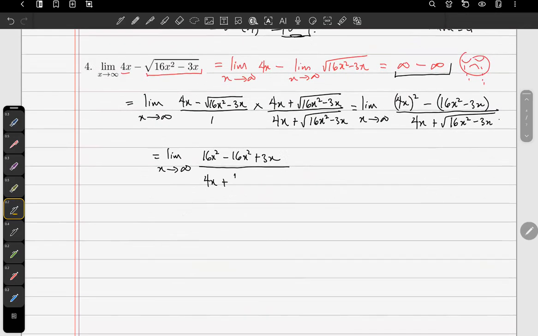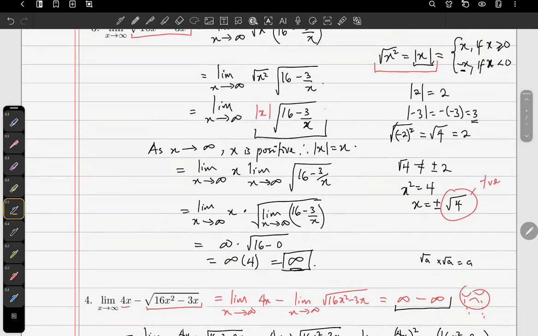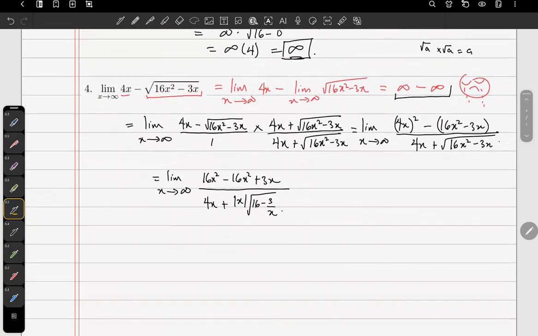This is absolute value of x times square root of 16 minus 3 over x. I'm using the exact same thing that we did here. I don't want to waste time by going over it again. So 16x squared cancels 16x squared.